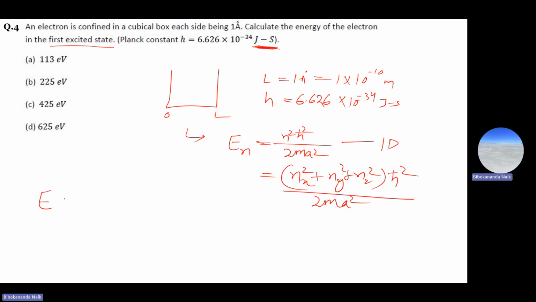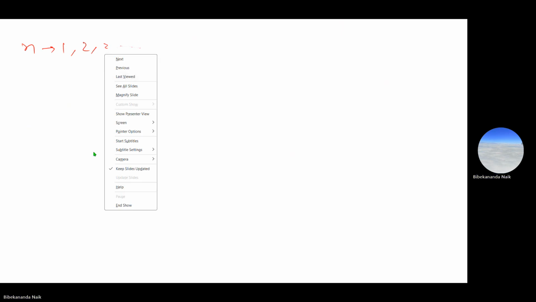Now the question asks for the energy of the first excited state. So let us talk about the values of nx, ny, and nz. For a one-dimensional potential, n varies as 1, 2, 3, and so on.